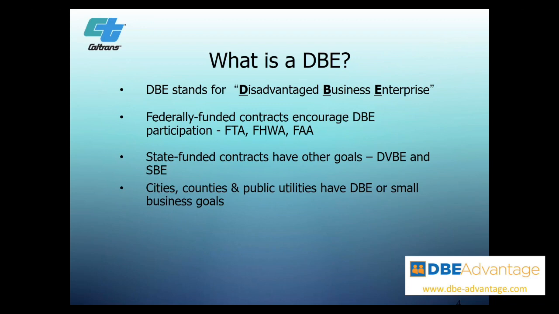Now, you will see, for example, with state funded here in California, a disabled veteran business enterprise designation or a small business enterprise under the Department of General Services. And those are great certifications to have, but that's not what we're talking about today. There are also cities, counties, and public utilities that have their programs. For example, the California Public Utilities Commission has a separate program under their supplier clearinghouse that will certify minority business, women business, and LGBT businesses, and disabled veteran businesses.